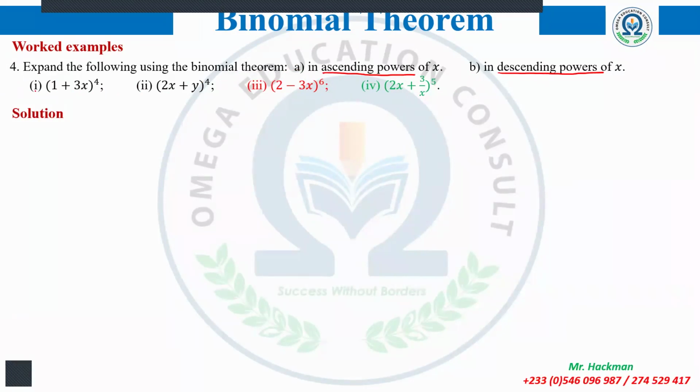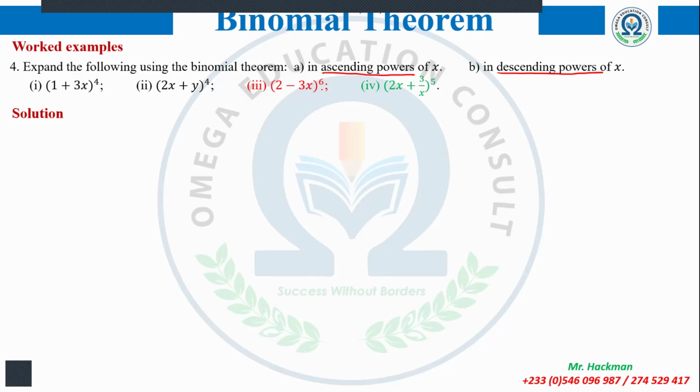I am going to take I, do it for A, arranging in ascending powers of x, then B, arranged in descending powers of x. Irrespective of which direction you go, you should answer the number of questions that we want you to answer.